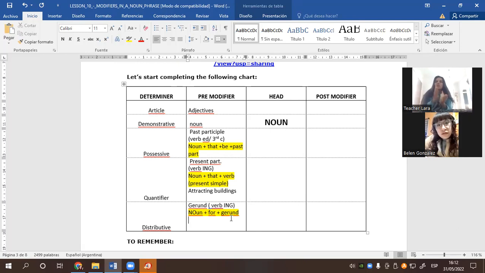If you say shoes for running, in that case, what's the function of running, or the category? It's not an adjective. If you translate, it's more like a noun.